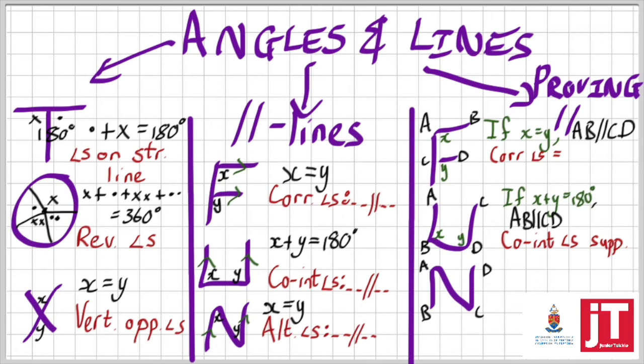That word at the end, supplementary, means adding up to 180 degrees. Last but not least, again, our N. If I can somehow prove that X and Y are equal, then the sides are parallel. Why would that be? What would be our reason we give the examiner? That alternate angles are equal.